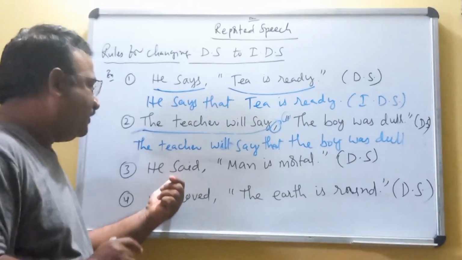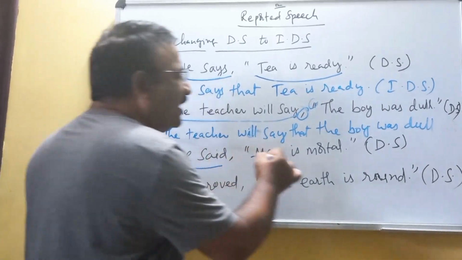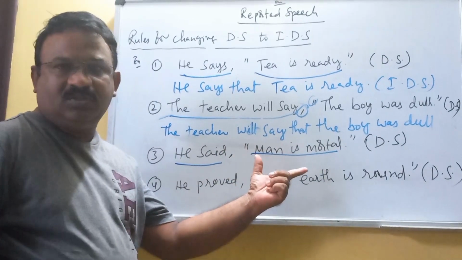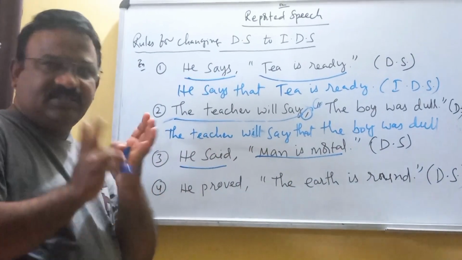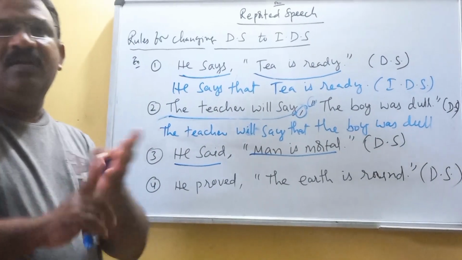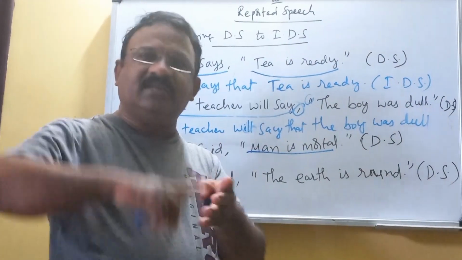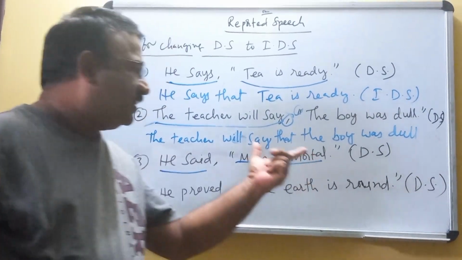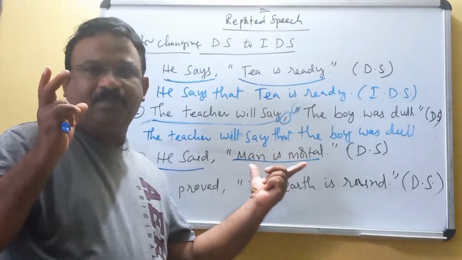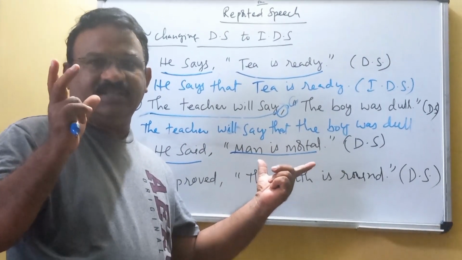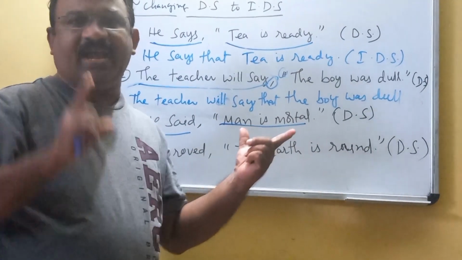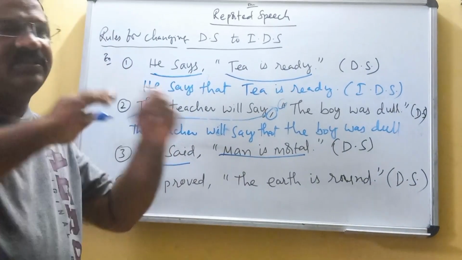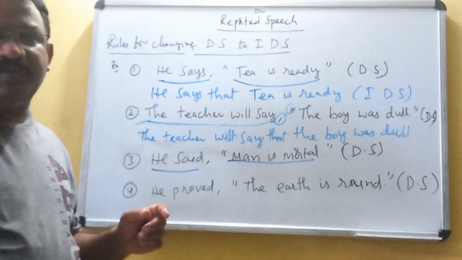Understand? Here: he said, man is mortal. If it is a universal truth, whether the reporting verb is past tense, present tense or future tense, whatever the tense, if the reported sentence is a universal fact or eternal truth, it will not be changed in the indirect speech.